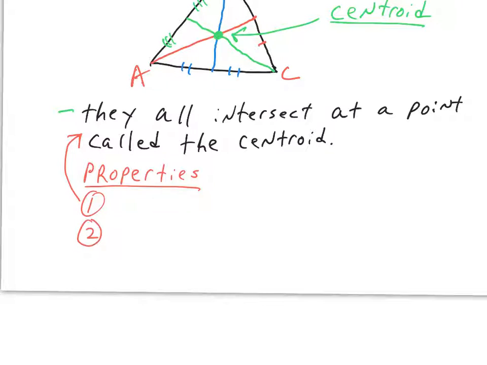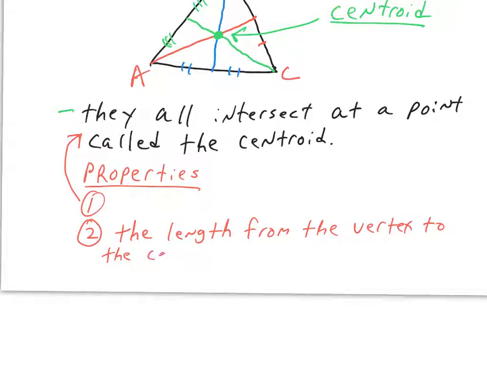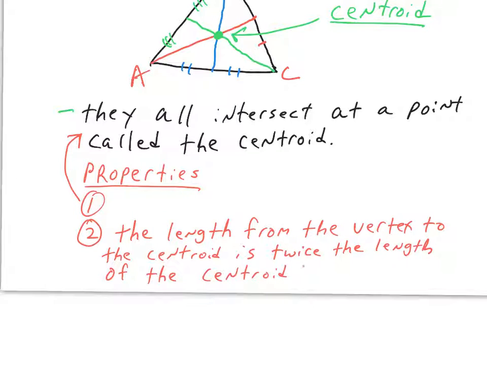And then the second property, and this is kind of different, so let's make sure we get it right, is the length from the vertex to the centroid is twice the length, so 2 times, of the centroid to the opposite side.